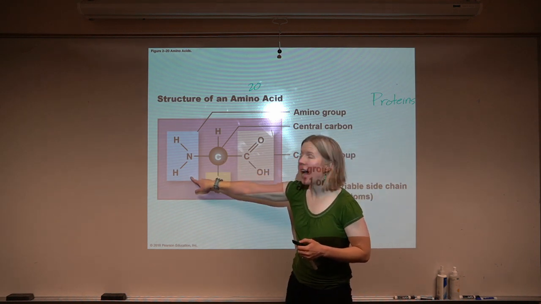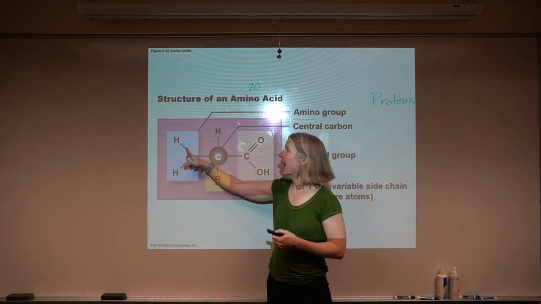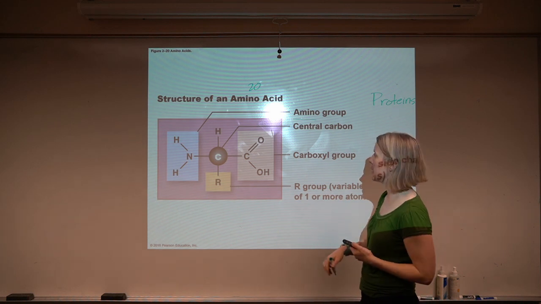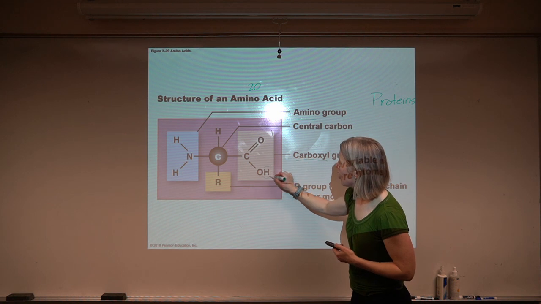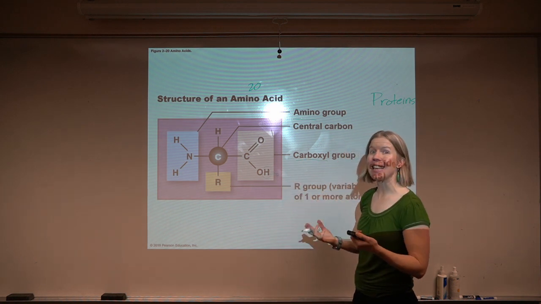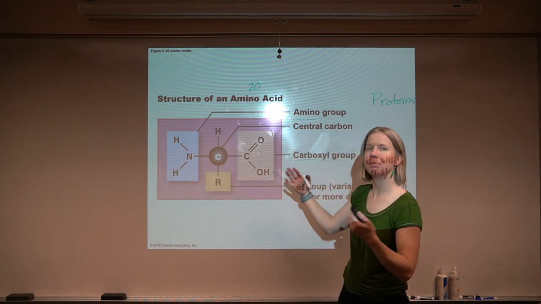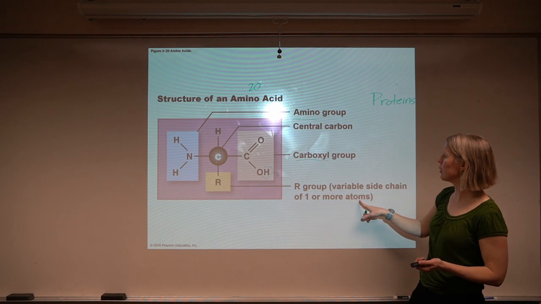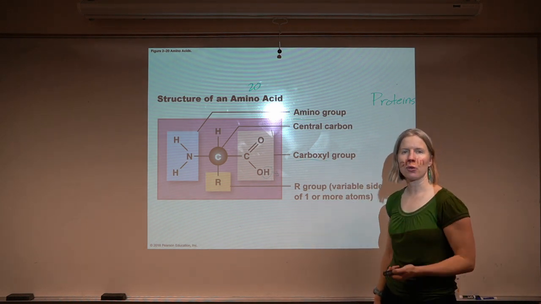On one end, they have an amine group. This has nitrogen and either 2 or 3 hydrogens, right? So it's able to accept hydrogen. It can act as a base. This end, that carboxyl group, remember, is able to act as an acid by donating hydrogen. And this R group is just a variable. So there's 20 different structures that could be on that side of that central carbon.